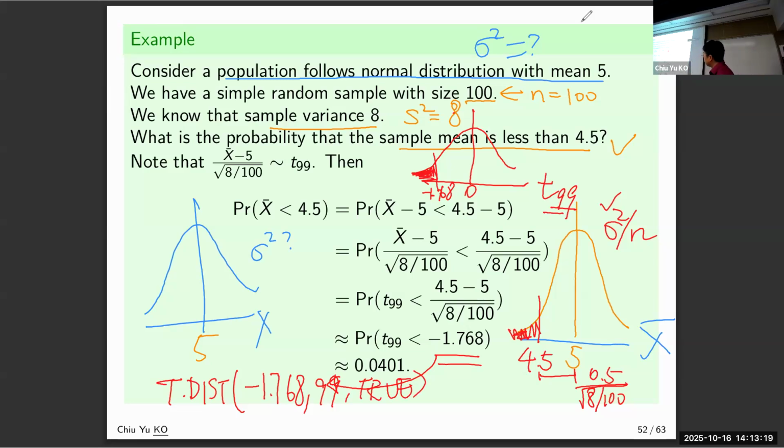For the t distribution, you tell it the number, you tell it 99, true because it's the left-hand side. If you want the right-hand side, do 1 minus that, and you're done. We will be doing this type of calculation a lot for the rest of the semester. With normal you do it, but not that much. But t is the thing that you do often.